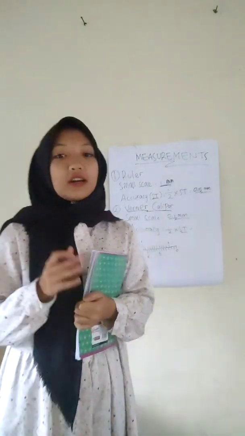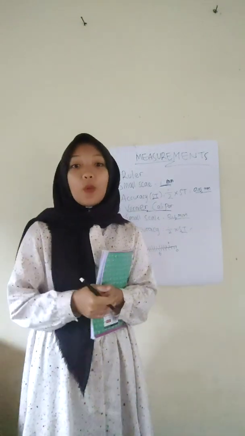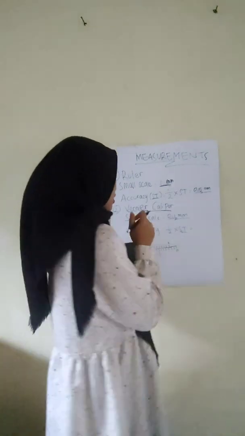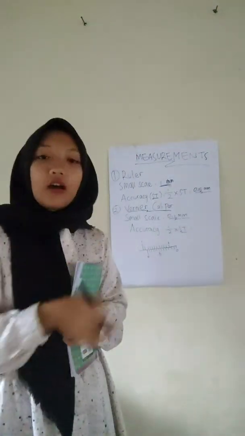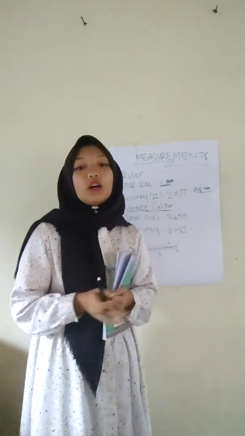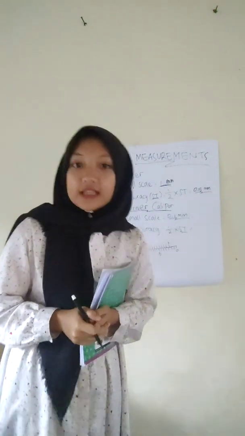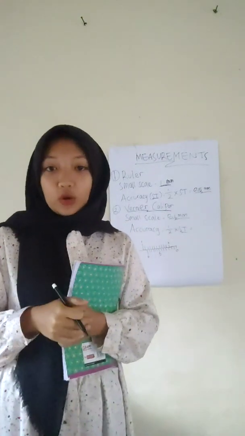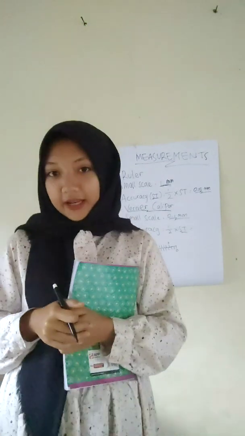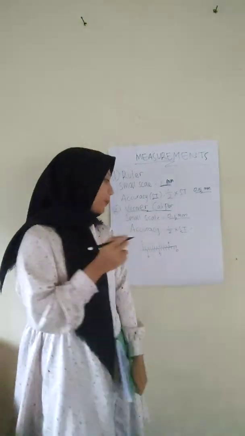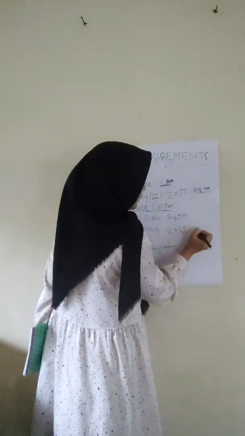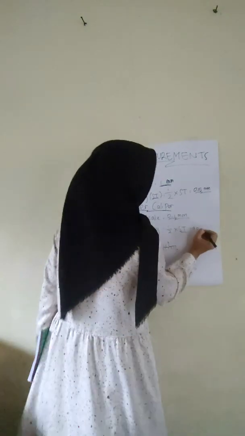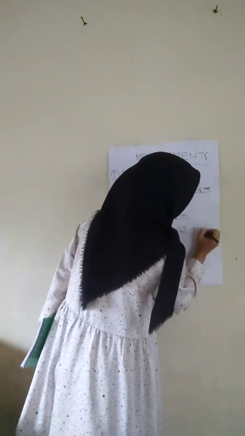ST for the caliper is 0.1 millimeter, so half times 0.1 millimeter will produce 0.05 millimeter.